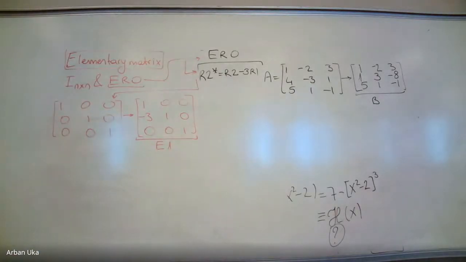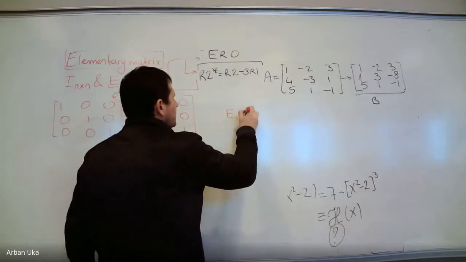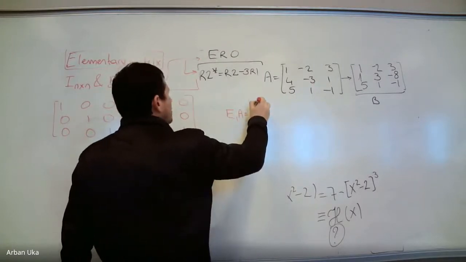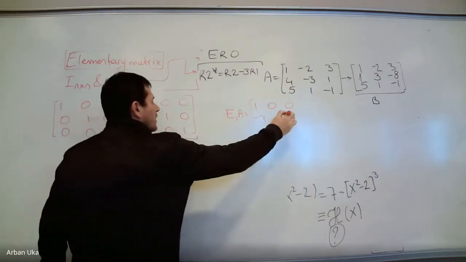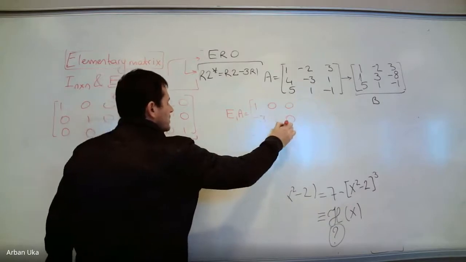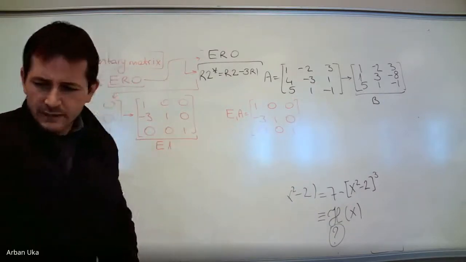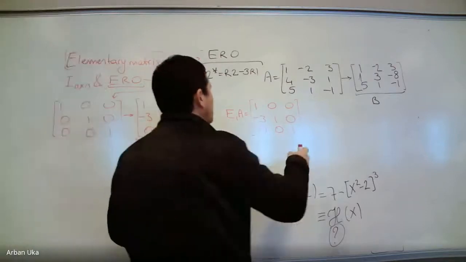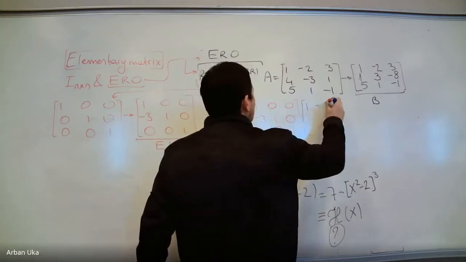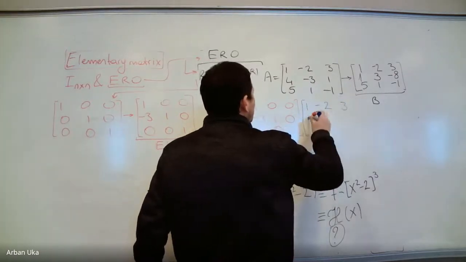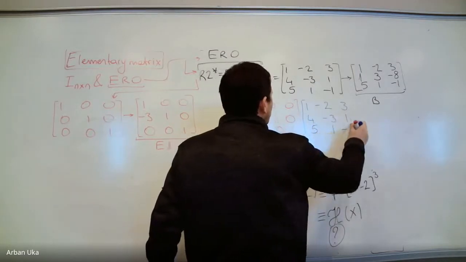And then let's apply E1 times A. What is E1 times A? This would be equal to 1, 0, 0, minus 3, 1, 0, 0, 0, 1, multiplied with 1, minus 2, 3, 4, minus 3, 1, 5, 1, minus 1.